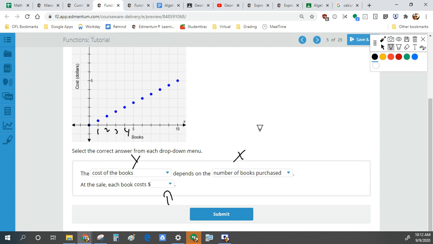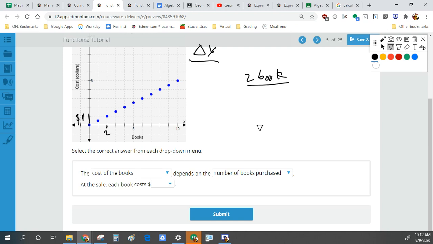It's kind of hard to tell how much each book is costing for one book. But what I can do is say, well, two books cost $1. Always put your Y on the top. Y is how much it changes.